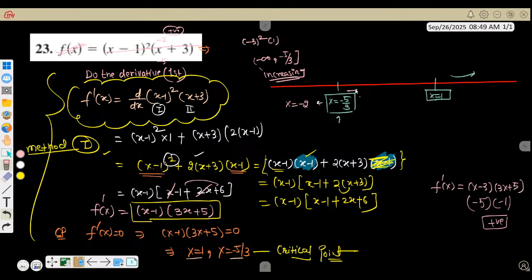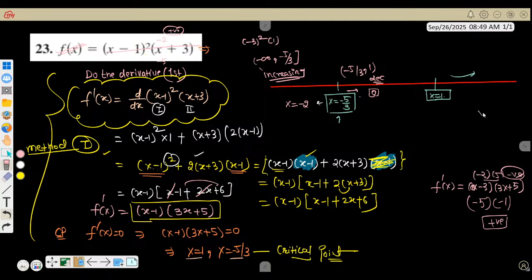And after this, you can choose any value, suppose x is 0. If we put x is 0, then this is 0, so -3, and then 5. So we have a negative answer. If the answer is negative, it means decreasing. From -5/3 to, sorry, till 1, the function is decreasing.